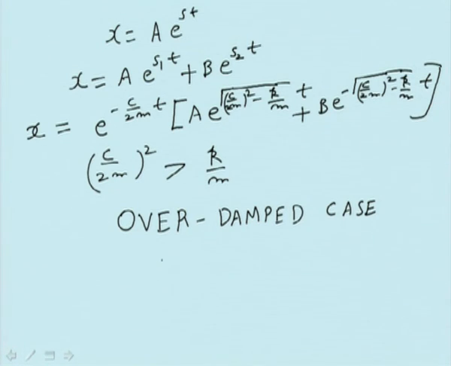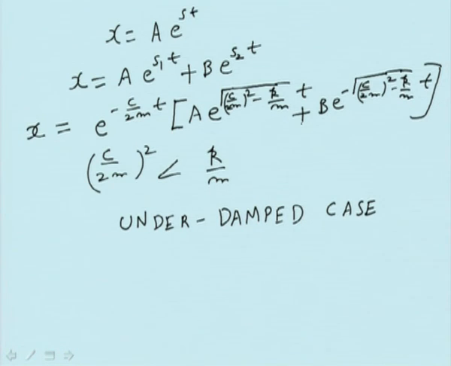When the damping term (c by 2m) square is smaller than k by m, this will be called the under damped case. In this case, this is the square root of a negative number, therefore it becomes imaginary.